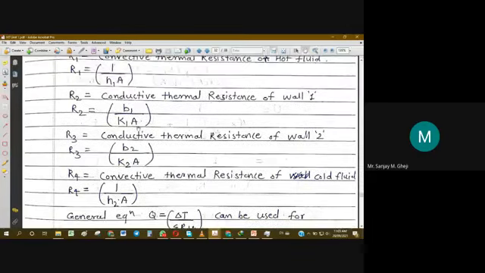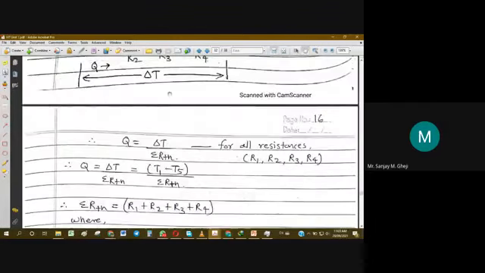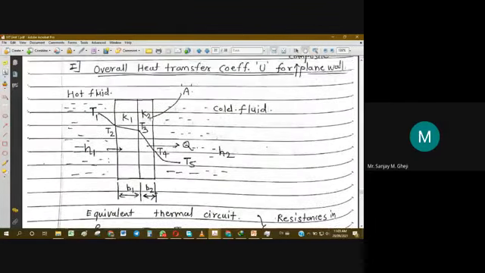Now for all these four components, one thing is common, that is area is the same for all. Because if you look at the wall construction, heat transfer is occurring in this direction. So area will be perpendicular to the direction of heat transfer. We are looking at the cross section, but if you look from the side view, or if you take the cross section of this entire wall, you will find area to be normal to the heat transfer.